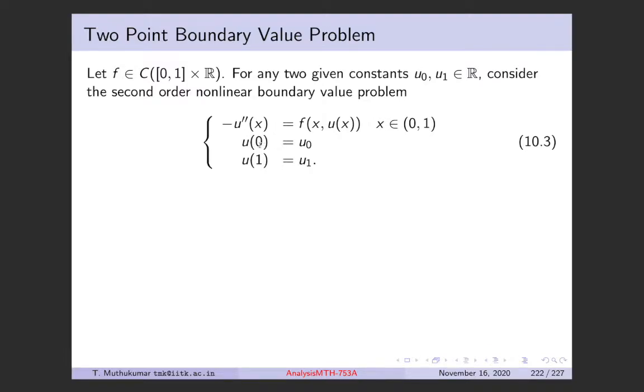So the value of the function and its derivative is given at one fixed point. That is the initial value problem. Whereas in this case, there is no derivative condition. The value of u is given at two different points, so it's called a two-point boundary value problem. You can also prescribe the derivative value. So for a second order, you can prescribe a derivative at two different points and so on.